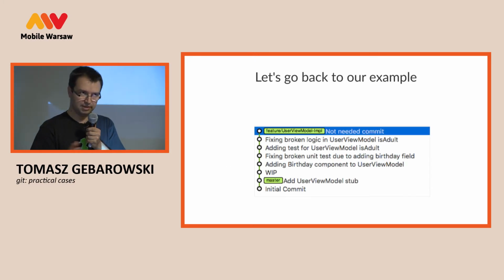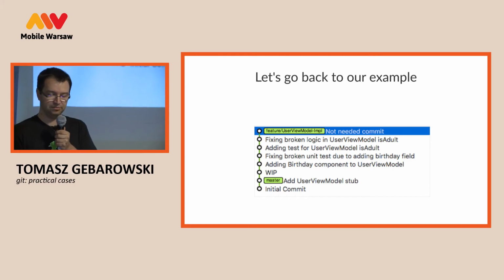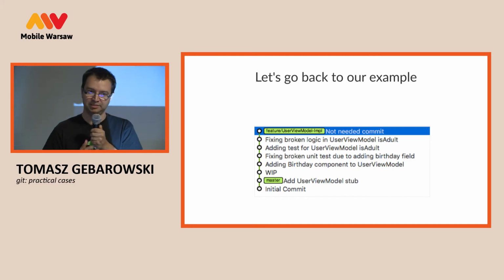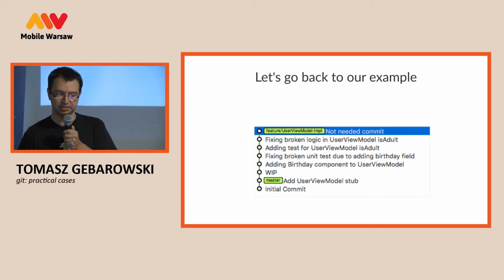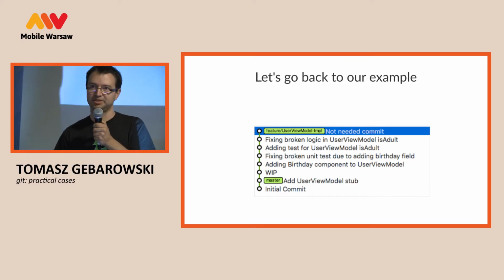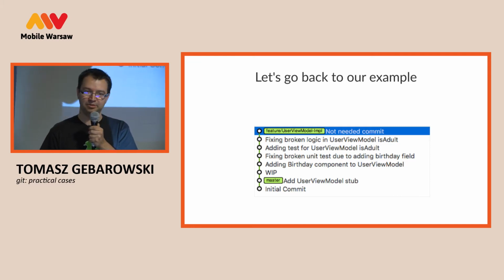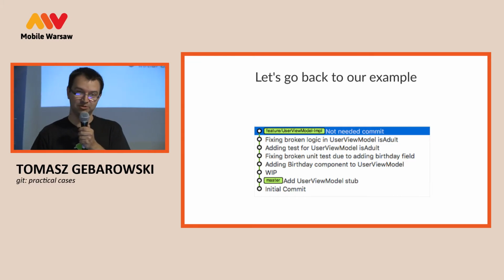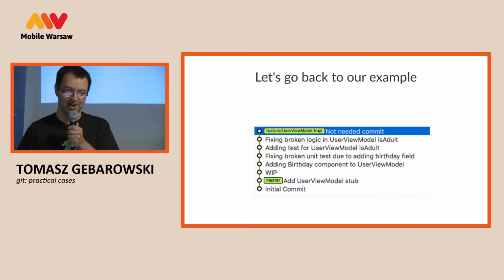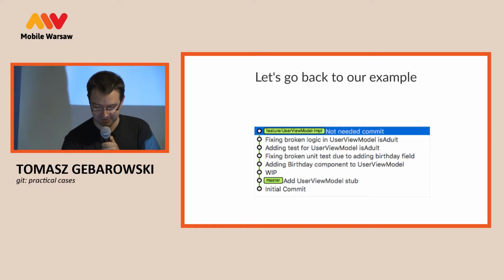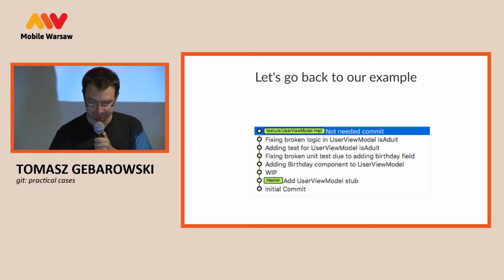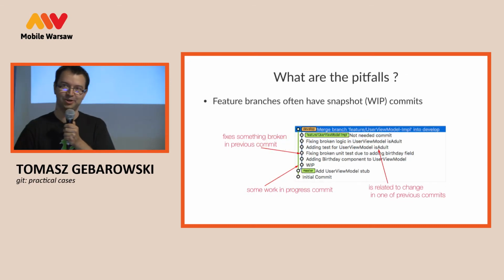Let us assume that we are working on some kind of feature, and usually, from my experience, what I observe is that developers are making lots of commits and adding them into pull requests, and those commits can be divided into several groups. First of all, we have work in progress commits.